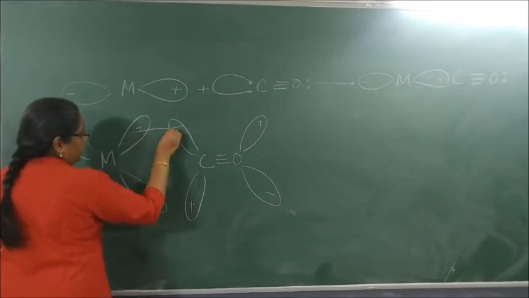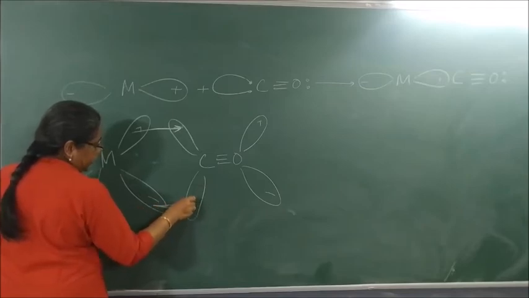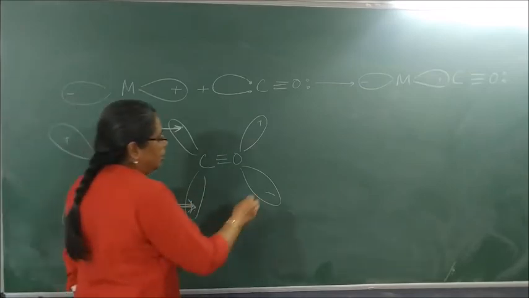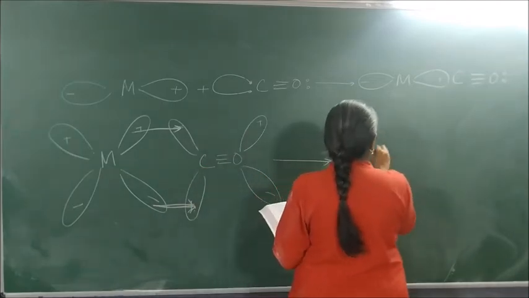This electron is donated to the lone pair, or lone pair electrons are donated back to the vacant d orbital of the antibonding pi orbital. So it creates what effect? A synergic effect. So let us write this part.